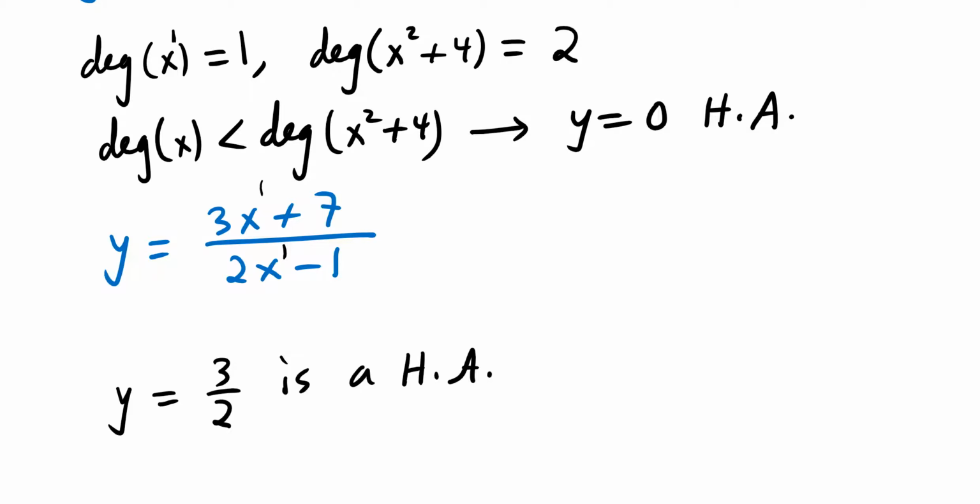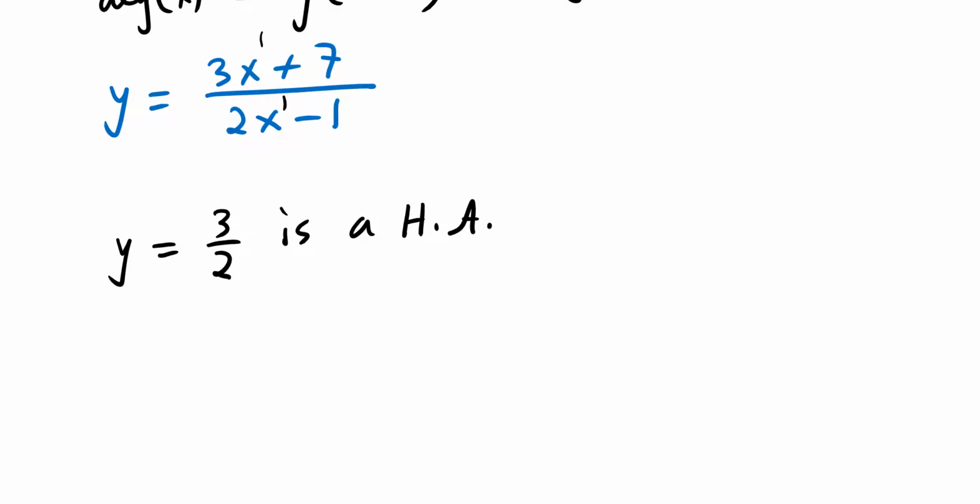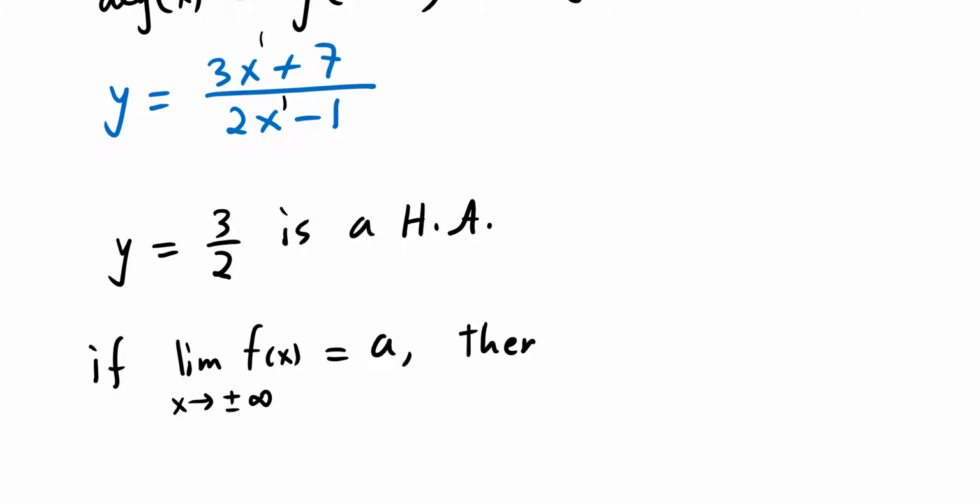So why does that work this way? That we get only these coefficients, 3 over 2, to be a horizontal asymptote. It's always true that if we find that the limit of a function as x approaches plus or minus infinity equals a, then y equals a is a horizontal asymptote.